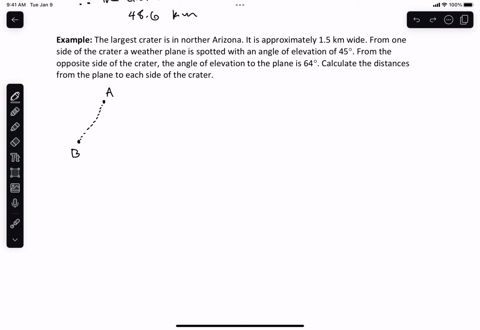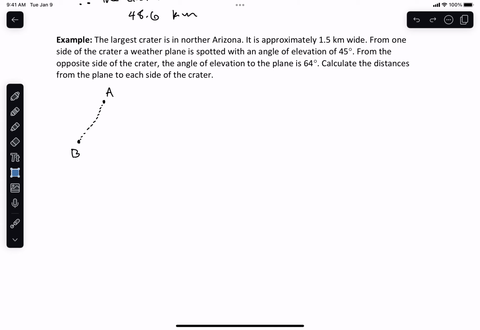Sorry. Well, okay, so here. Where do airplanes fly? Up in the air. So here's what's happening, I think. Let me just think here for a second. I don't think I have the best picture here. So we've got a plane in the sky. It's at the crater, one edge of it.